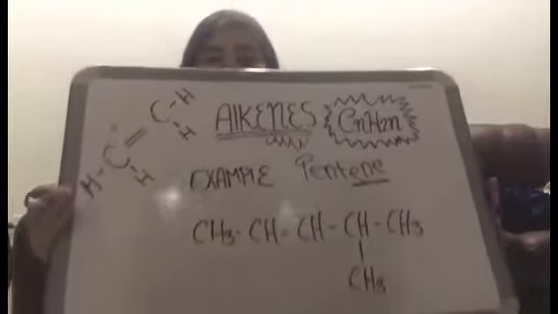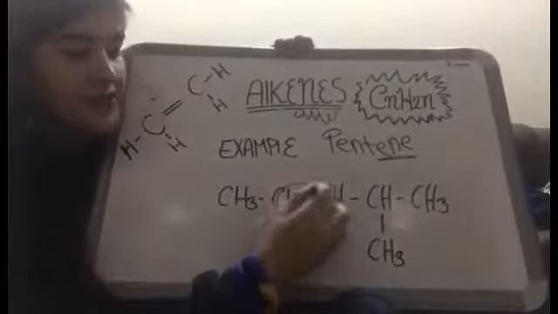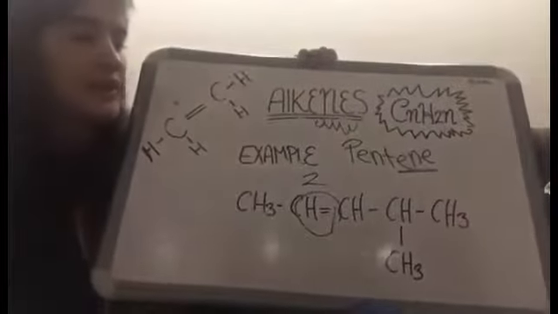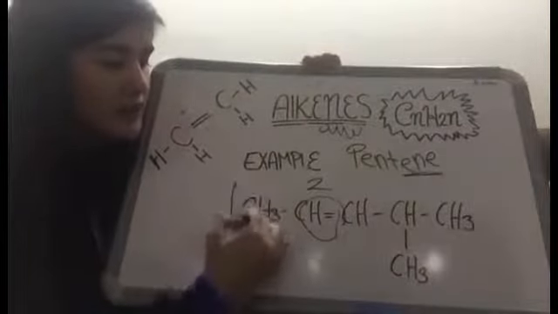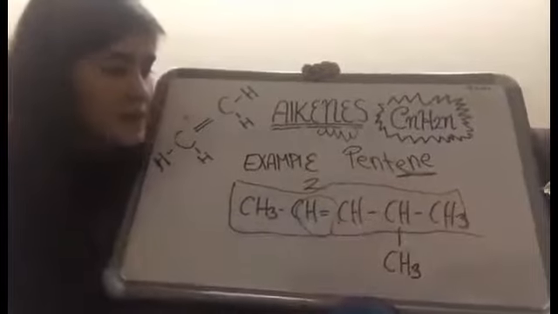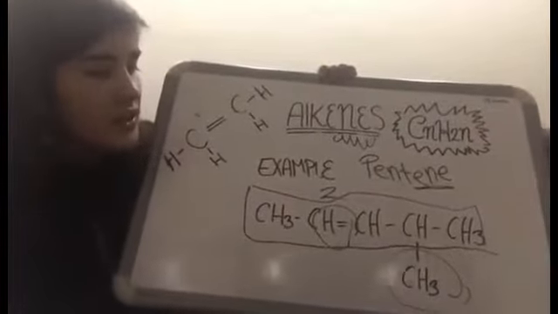An example with a longer chain: you first need to identify the double bond in the chain, here in the second carbon, and then name it as an alkane. First you notice the parent chain, which is the longest one, and you circle it.